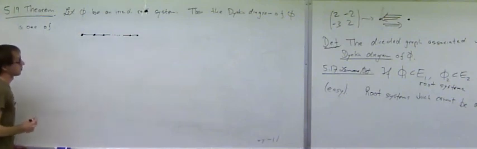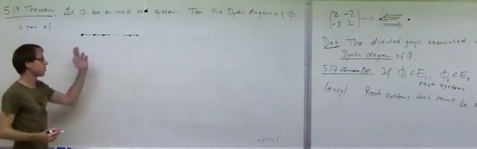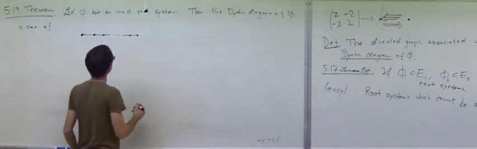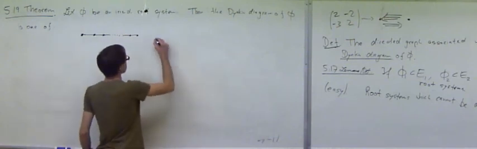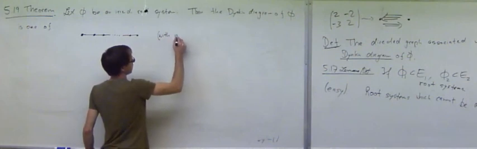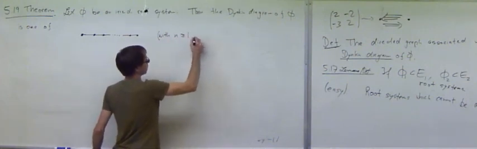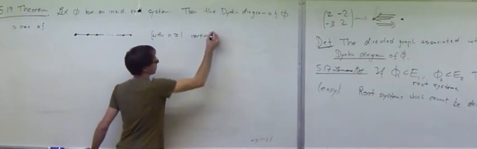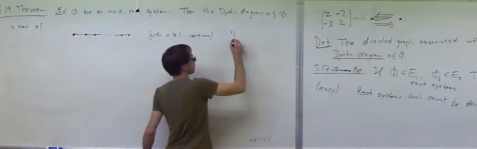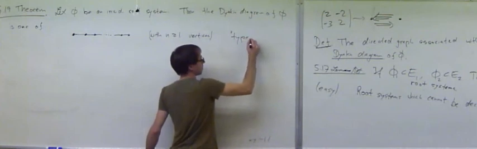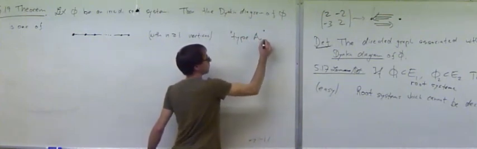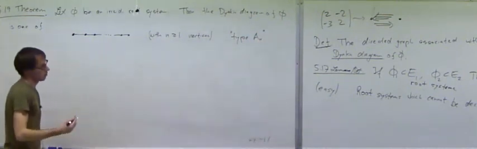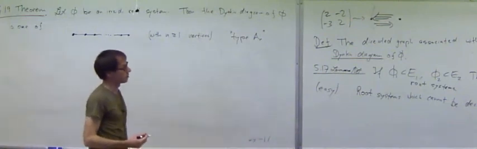The first possibility is that I have just a linear graph, say with n nodes or vertices. So this is what's called of type An. So here we recognize our SL3.